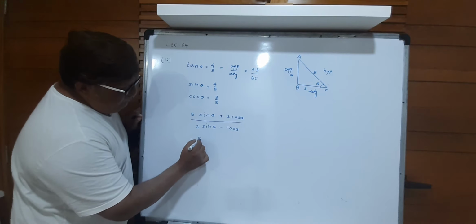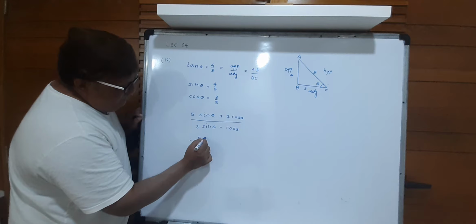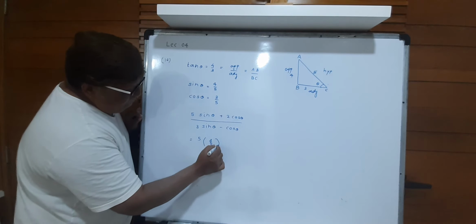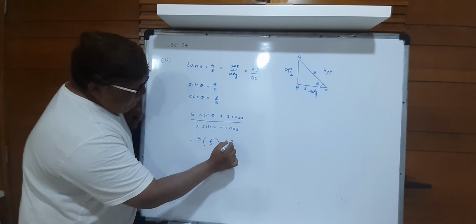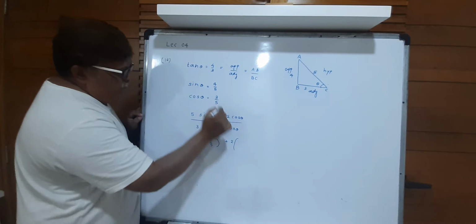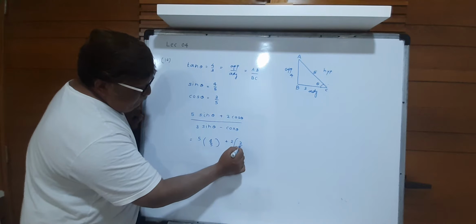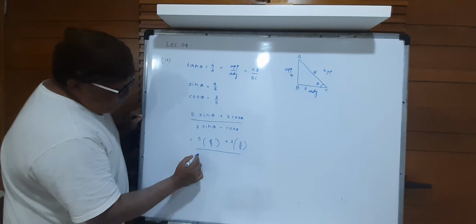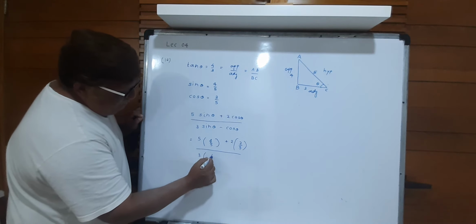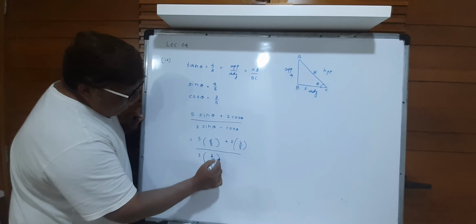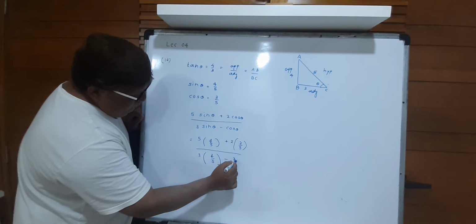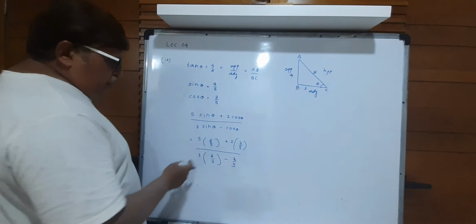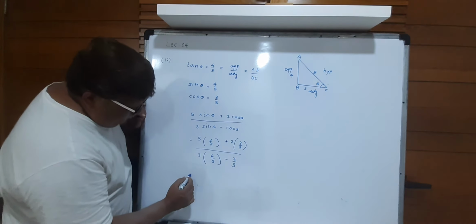This is 5. What is sin theta, dear student? 4 upon 5. 2. What is cos theta? 3 upon 5. Upon 3. What is sin theta? 4 upon 5 minus cos theta, 3 upon 5. I will just carry on one step here and the rest there.